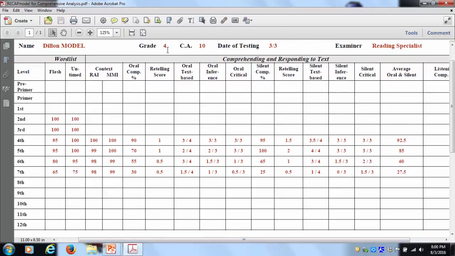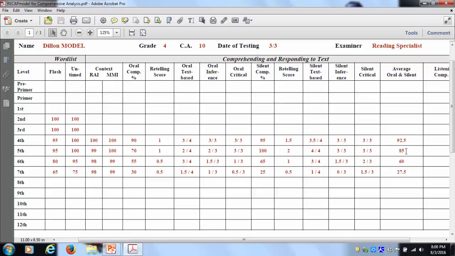Here we had a 4th grade child. The 4th grade child was strong with isolated words at the 2nd and 3rd. Here, solid. So, contextual reading, as evidenced in the MMI, was strong through 5th grade. This student's a 4th grader, so that's a good sign. We like that. We know we had an independent level. Wow, look at this.